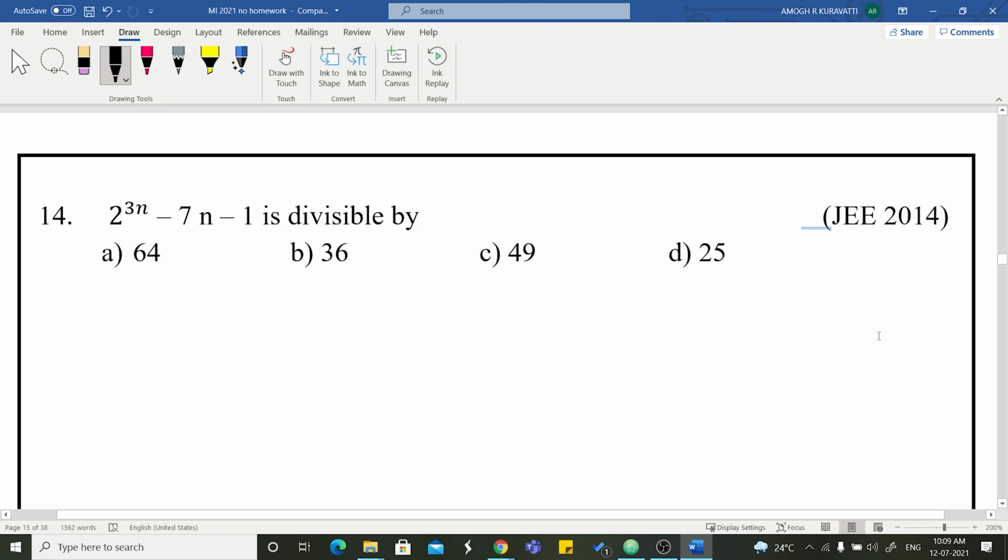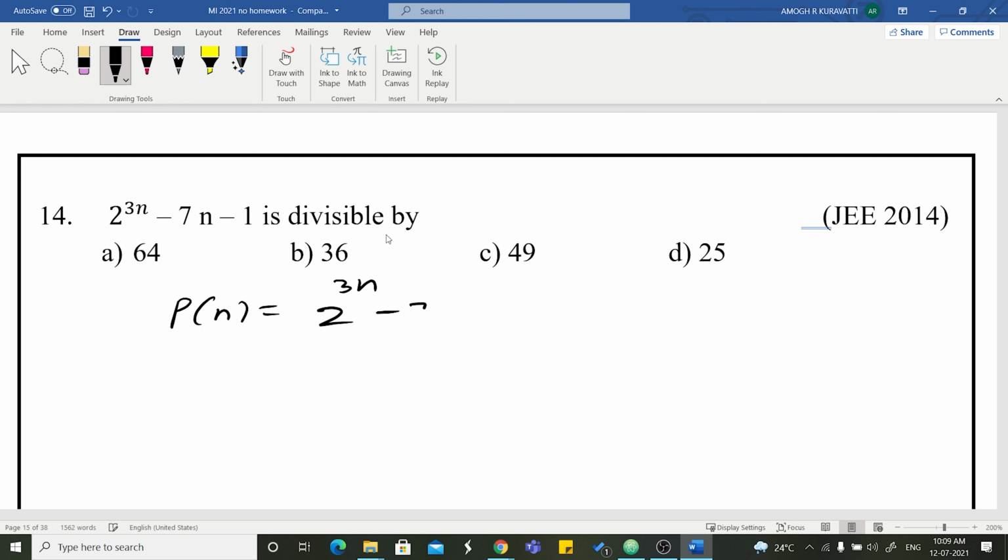Next problem. 2 power 3n minus 7n minus 1 is divisible by. Can you tell? Let's see. Given P of n is equal to 2 power 3n minus 7n minus 1. Now, trial and error method: if you take n is equal to 1, substitute 1.